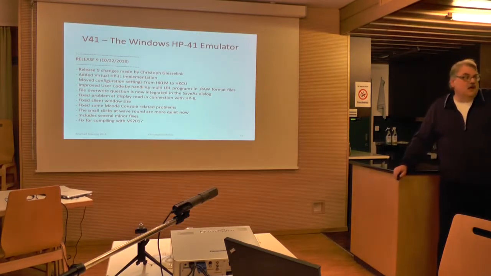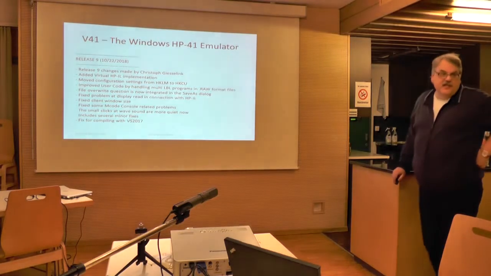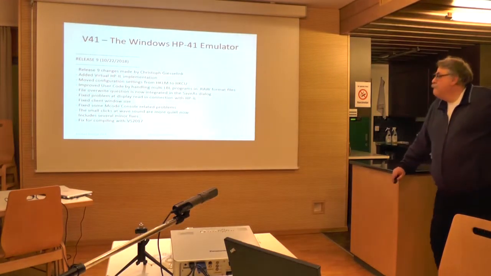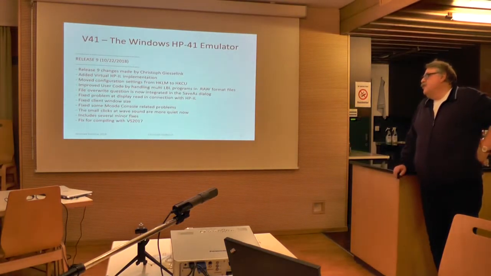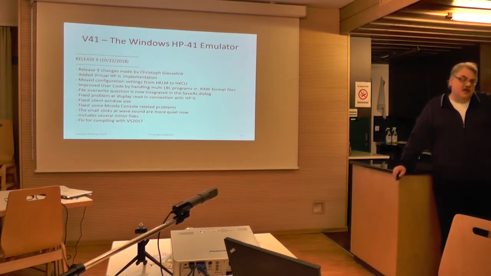Thanks to Jean-François, he found the bug. Fixed the Windows client side so there are no white borders anymore. MCODE console related problems fixed, small clicks at wave sound are quieter now, includes several minor fixes. Now you can use Visual Studio 2007 for compiling, while the old version only worked with Visual Studio 6.